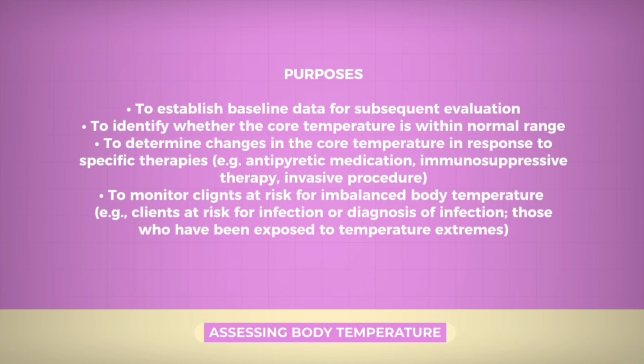Purposes: to establish baseline data for subsequent evaluation, to identify whether the core temperature is within the normal range. Next is to determine changes in the core temperature in response to specific therapies such as antipyretic medication, immunosuppressive therapy, and invasive procedure. Lastly, to monitor clients at risk for imbalanced body temperature.